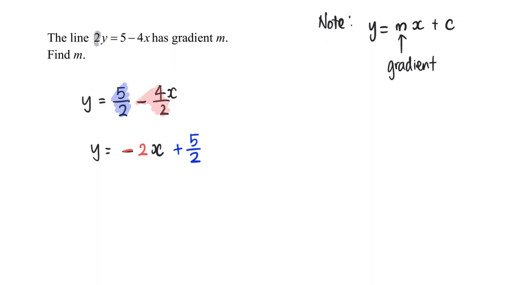And from here, I saw my value of m already, isn't it? So therefore, m is equals to negative 2. Alright, let's move on to the next question.